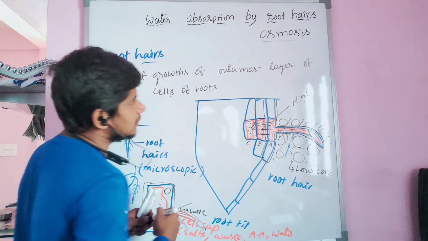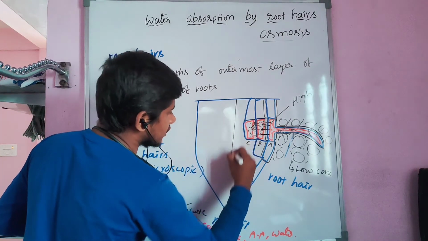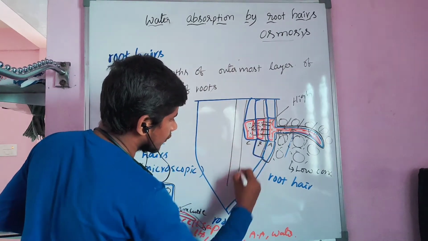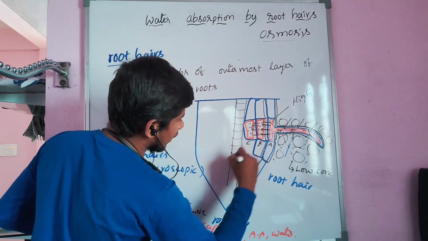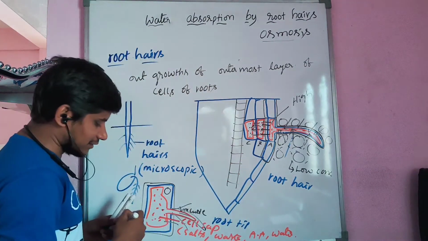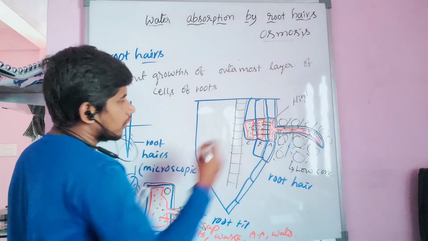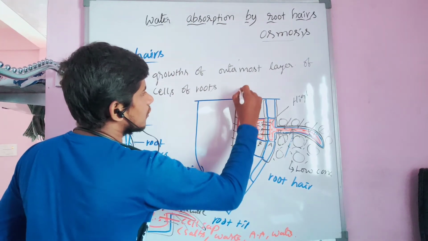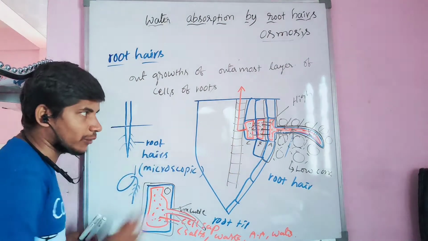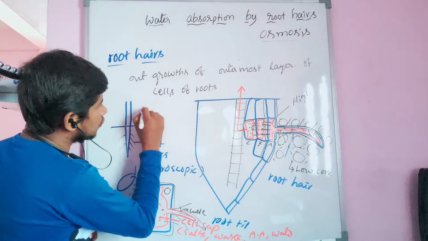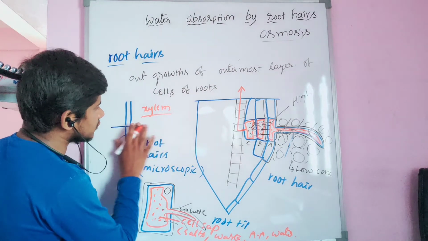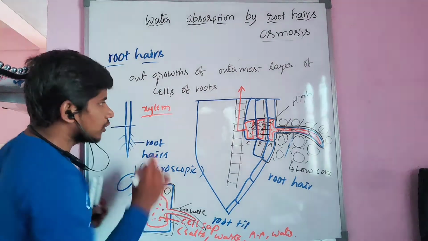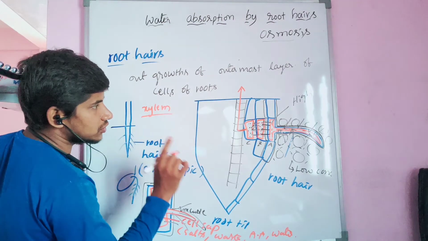In the root, next to these cells we can see a special tissue, what? Xylem. So once the water enters the xylem by this process, from the xylem the water is simply transported upward. Why? Because xylem is a special tissue, a vascular tissue which is specially present in the plant to conduct the water and minerals.